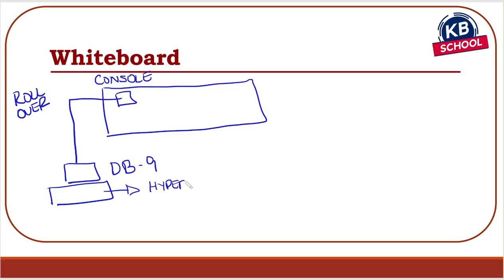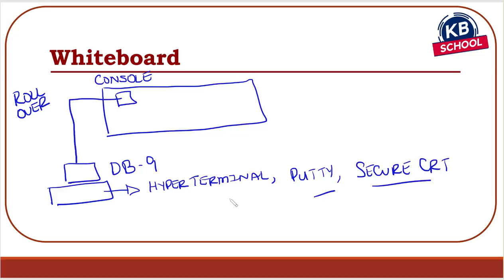The older Microsoft Windows used to come with this Hyperterminal program. Or you can use a program from the internet called PuTTY. Or you can use another program which is very popular, which I use a lot, Secure CRT.